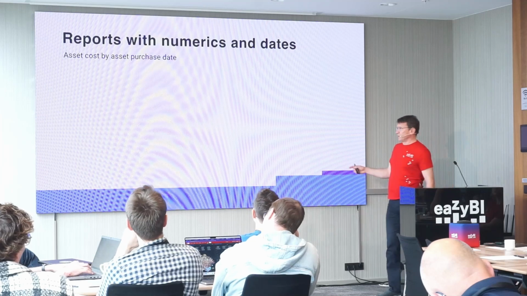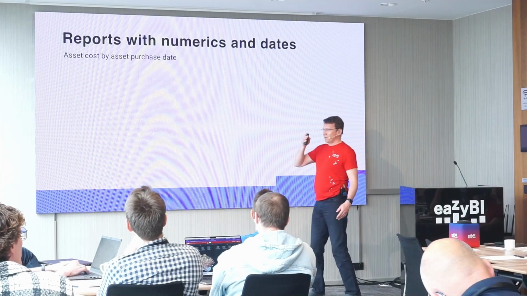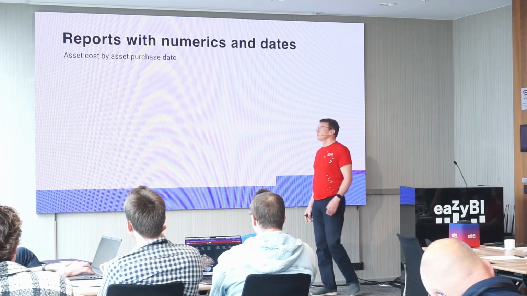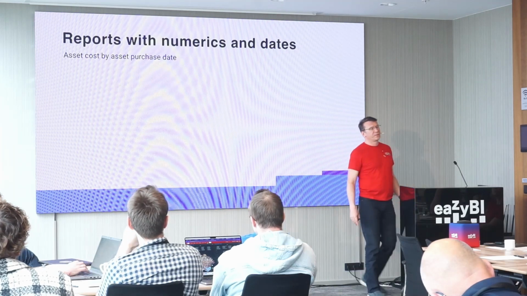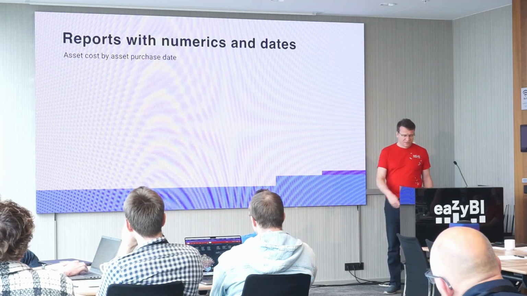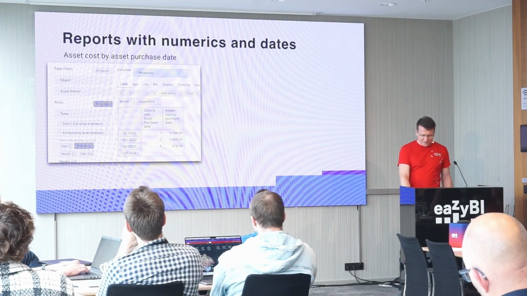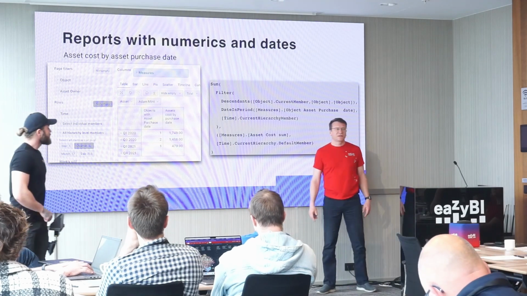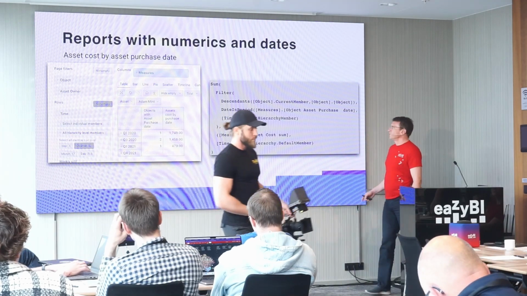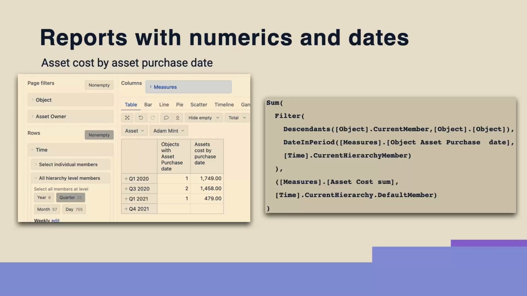My first idea from the previous screenshot is, can we show the asset cost by purchase date? Here we are in a bit more technical detail. This is a generic solution for how to remap some measure to another, to show it in a different way on the time dimension.